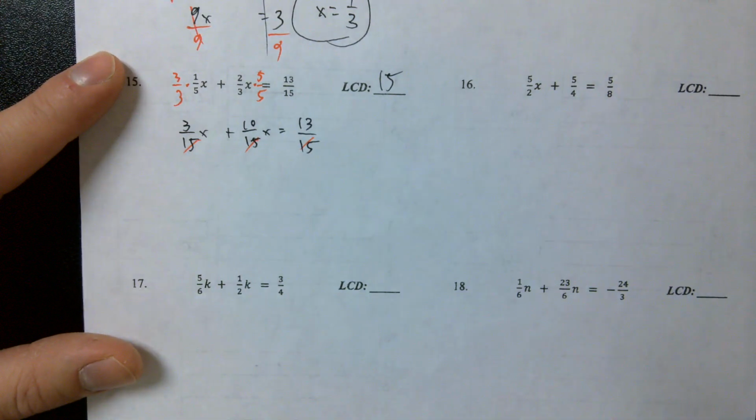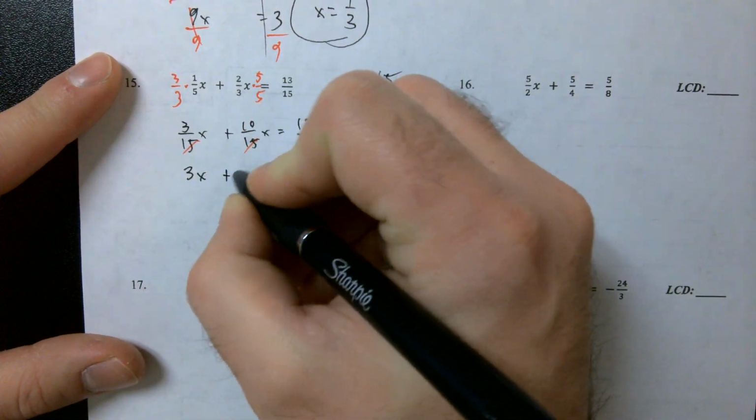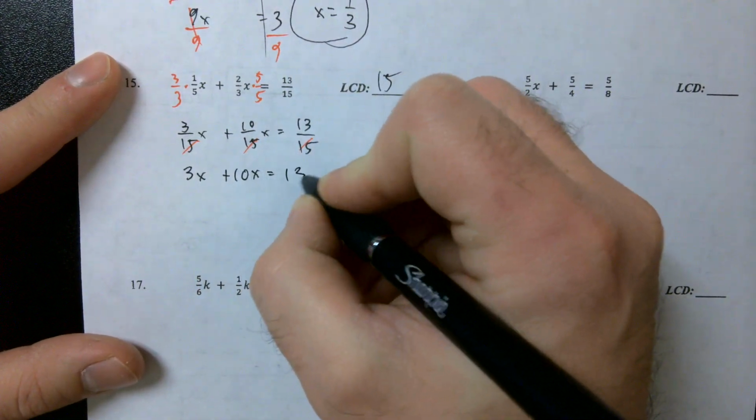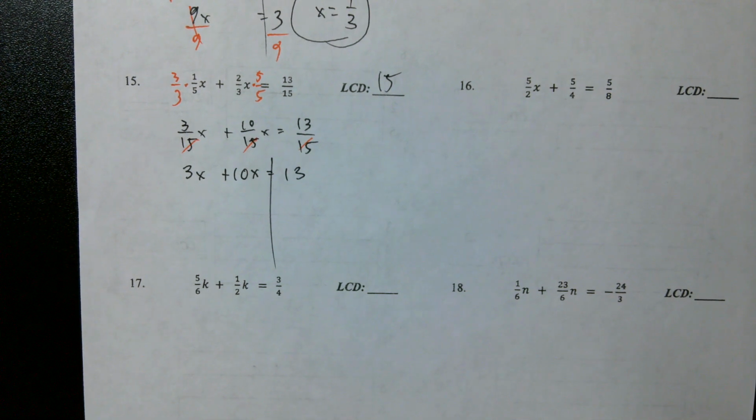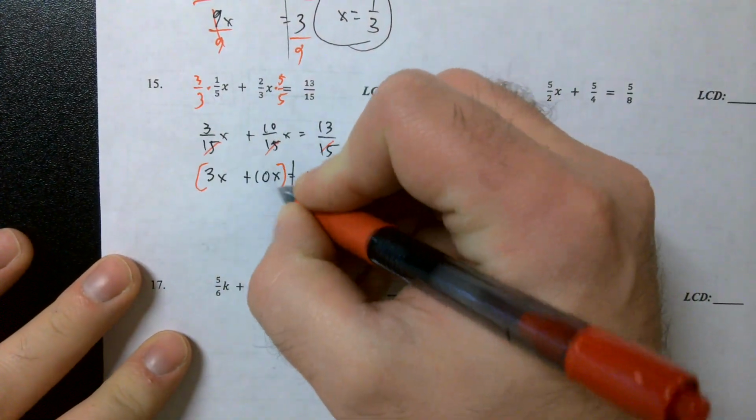Now this is where we got to be careful, because what we have now is 2 variable terms on the left. Normally we're used to seeing a variable term, constant term, equals a constant term, like you see over in number 16. But you got to look for where we have those x's, because what do I want to do with the 3x and the 10x now? Subtract it.